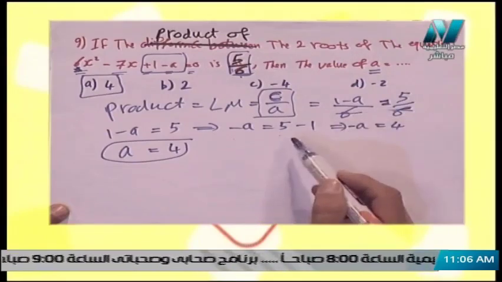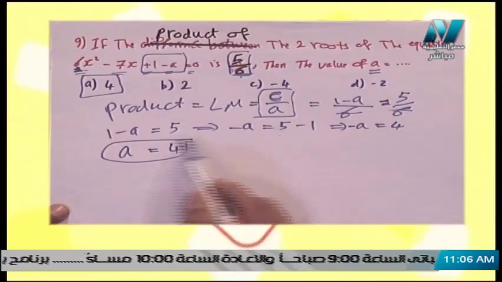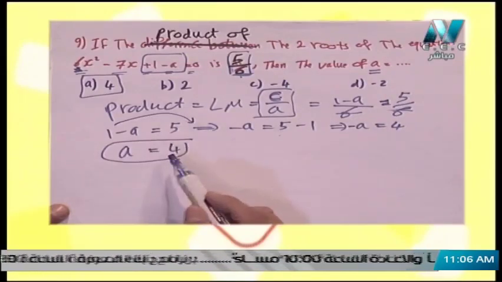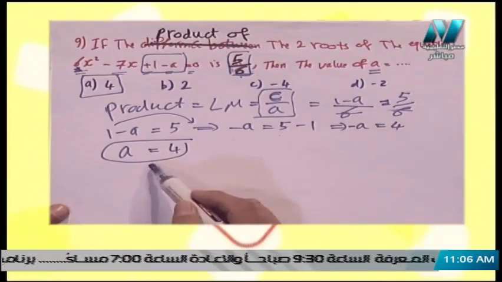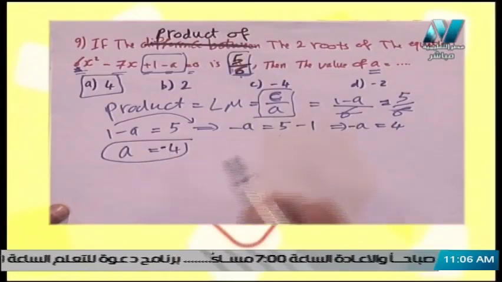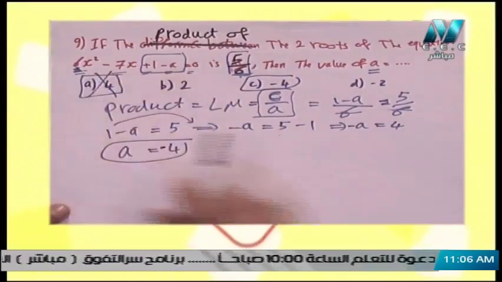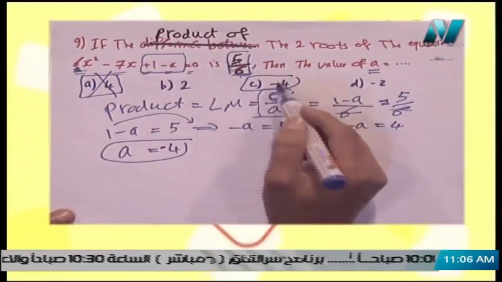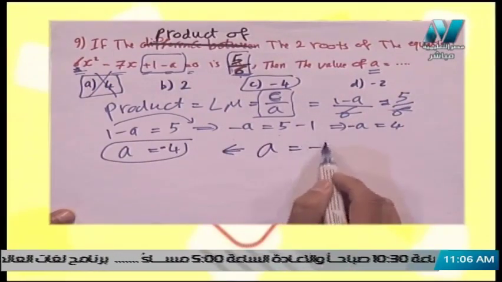Cancel 6 with 6. 1 minus A equals 5. So negative A, when we transfer 1, will be negative 1. Negative A equals 4, so A equals negative 4. So the answer will be this, not this. So A equals negative 4 again.